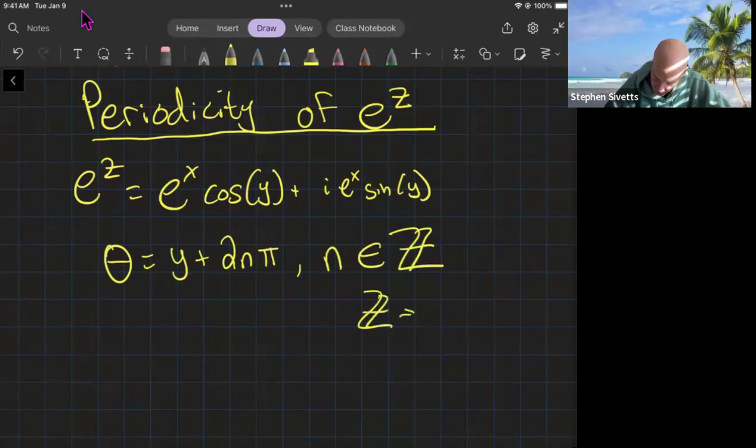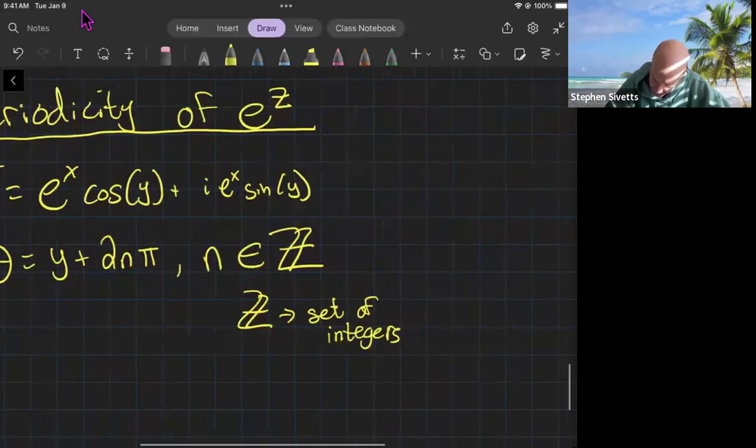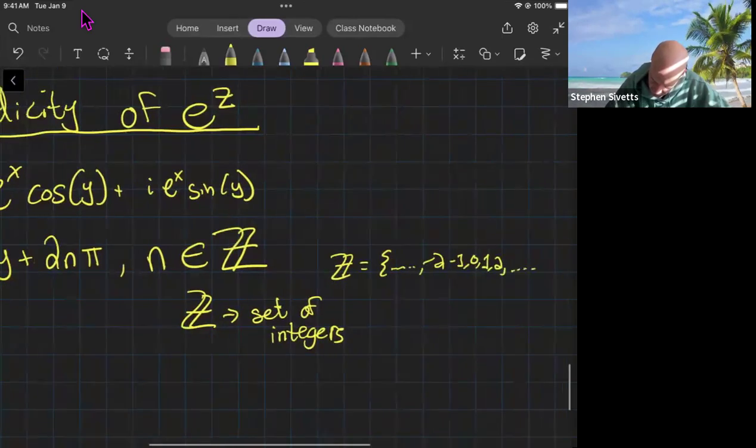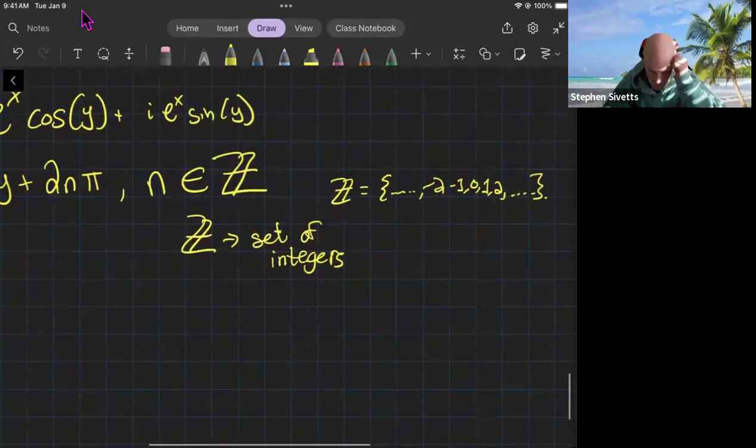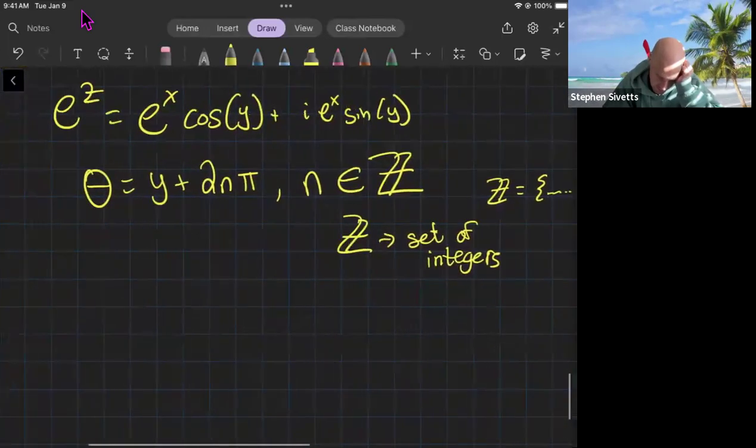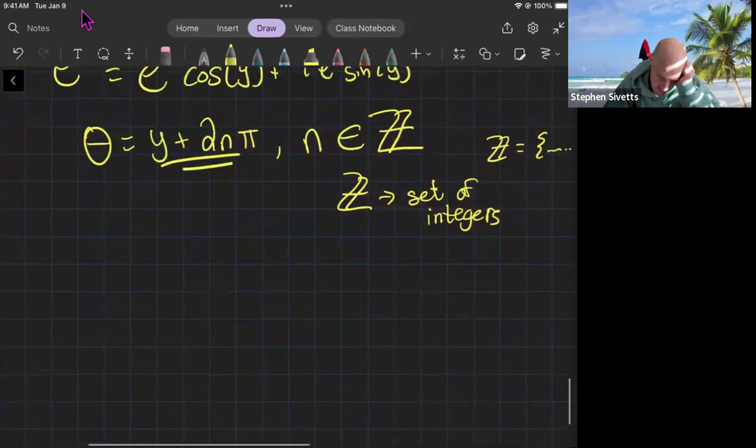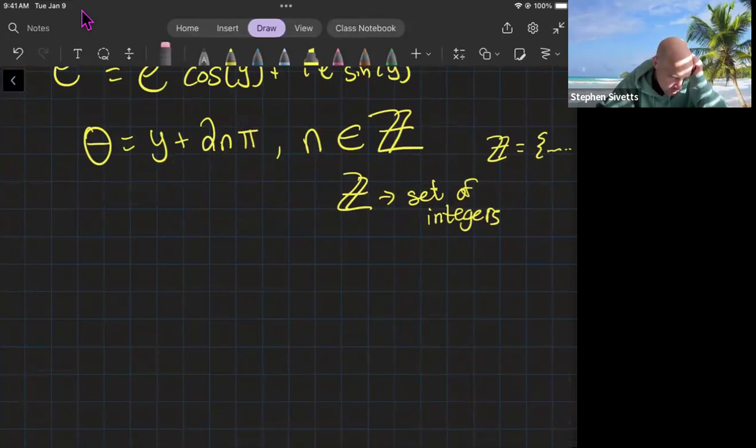This letter right here corresponds to the set of integers. So it's just -2, -1, 0, 1, 2, and so on, right? It corresponds to the set of integers. Okay, so what I'm saying here is that theta can equal y plus 2n pi, for which n is an integer.